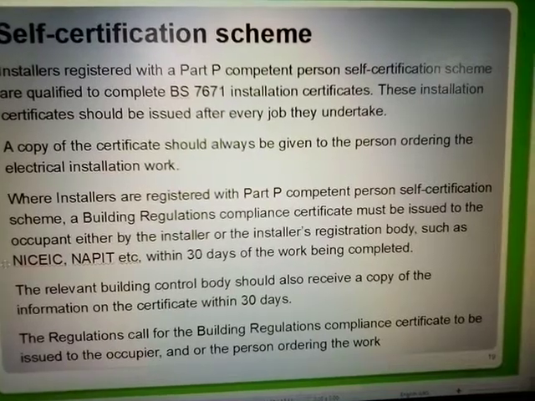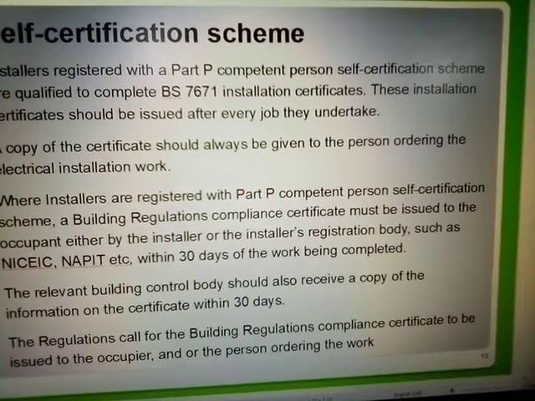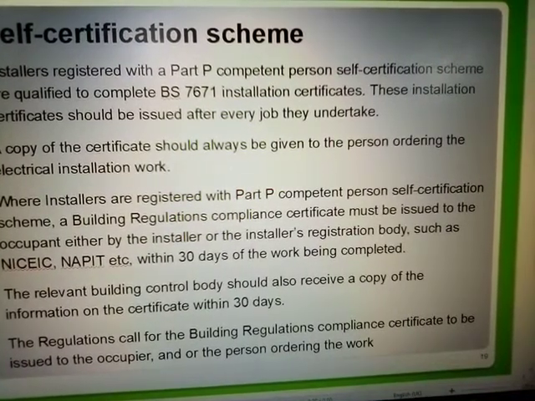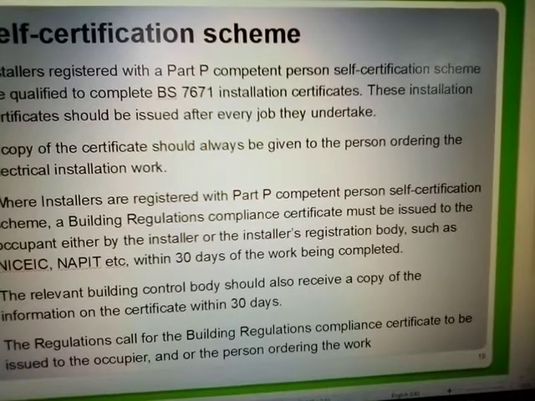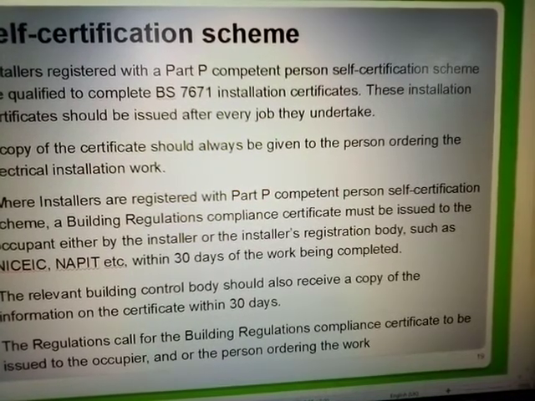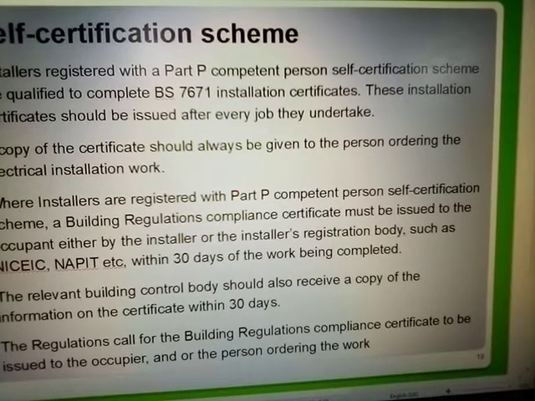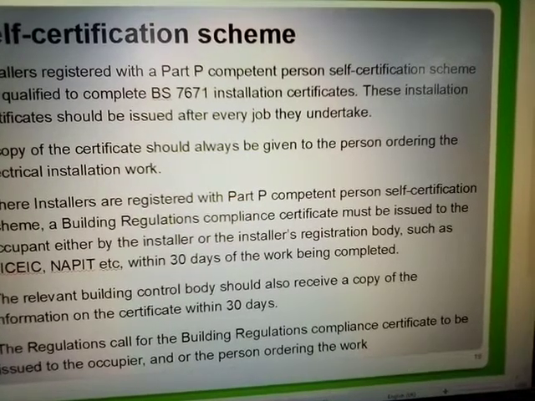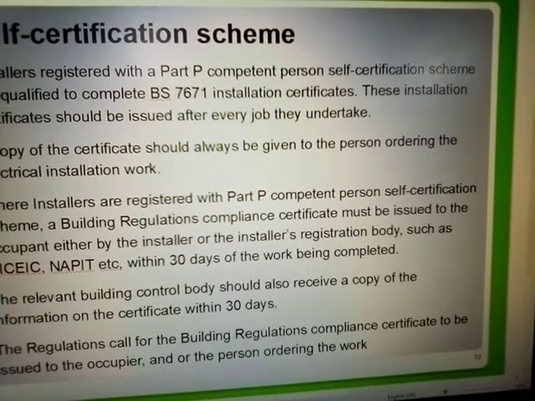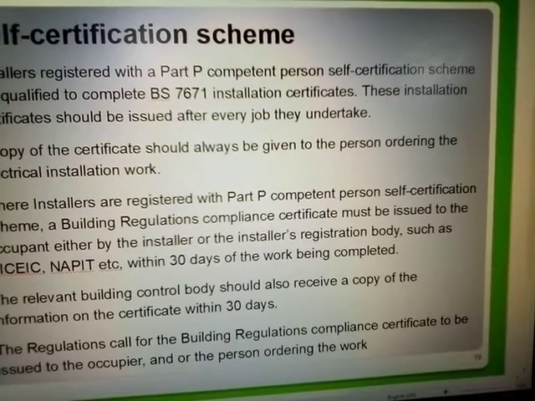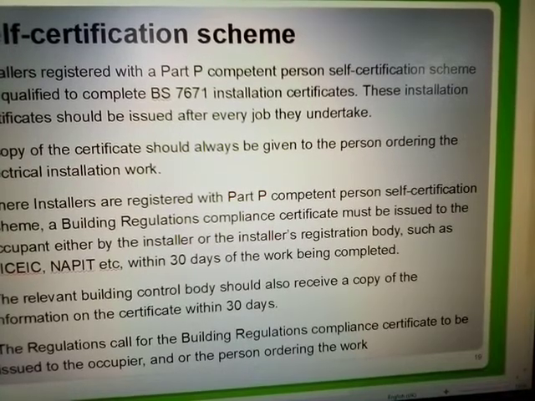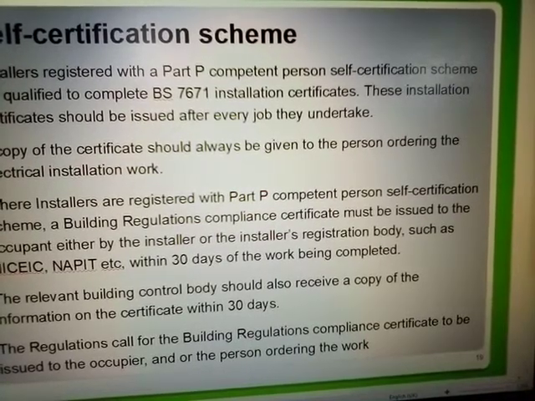A copy of the certificate should always be given to the person ordering the electrical installation work. Where installers are registered with a Part P competent person self-certification scheme, a building regulations compliance certificate must be issued to the occupant either by the installer or the installer's registration body, such as NICEIC, NAPIT, etc., within 30 days of the work being completed.